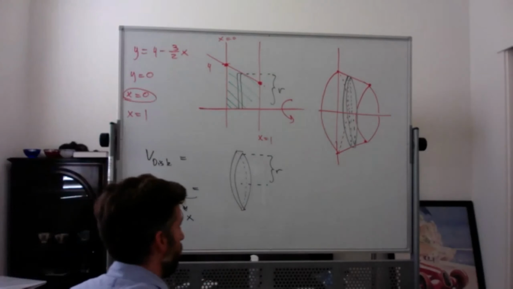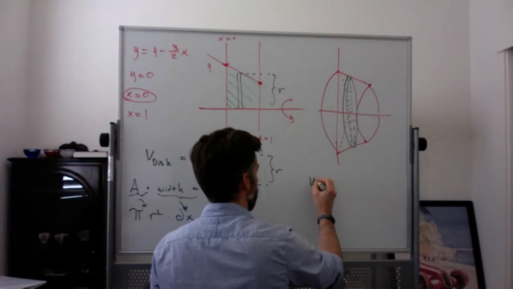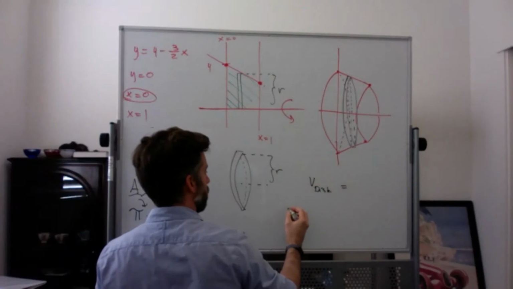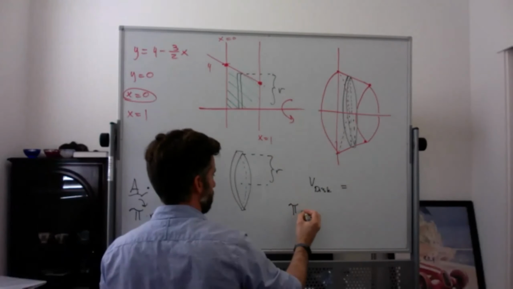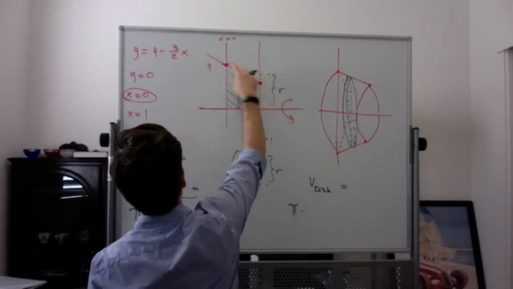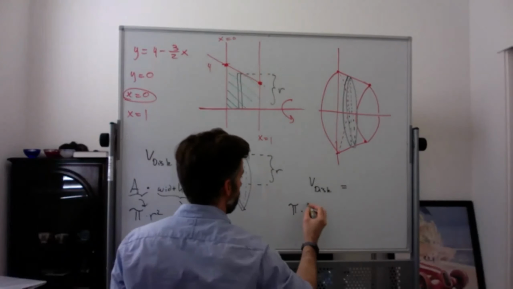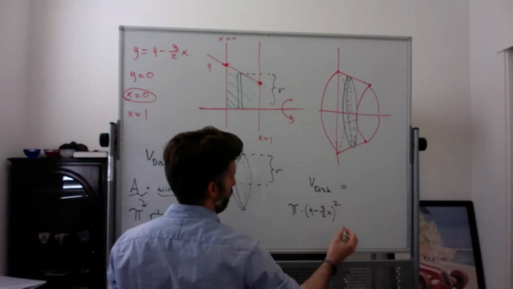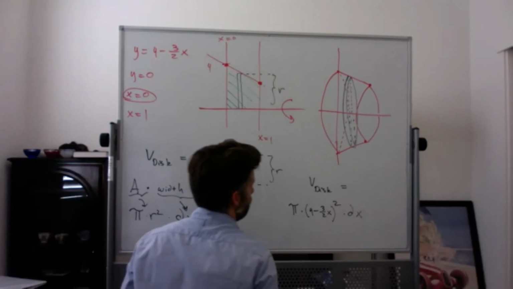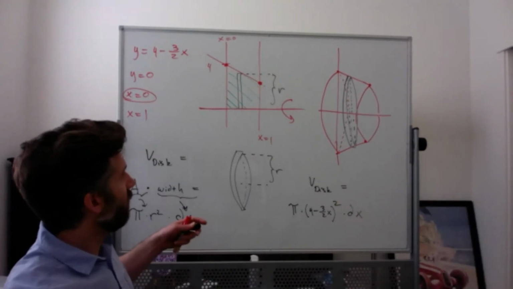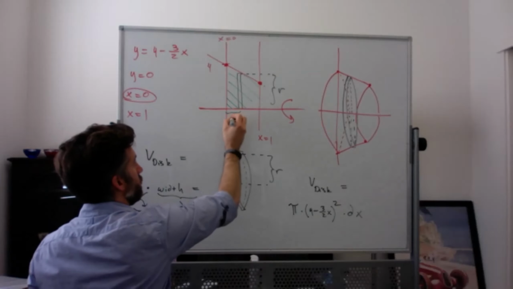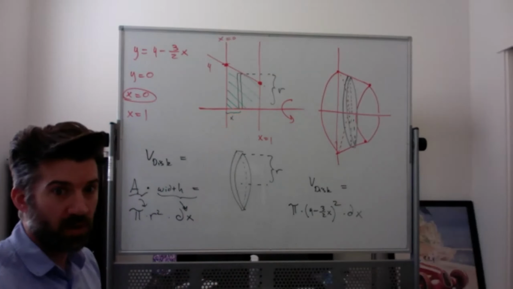So if I'm trying to write the volume of my disk, it's going to be pi times my radius, but the radius is just a function, 4 minus 3 halves x, squared, times dx. So that's the volume of just one disk located at x.